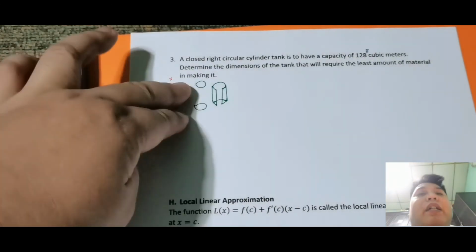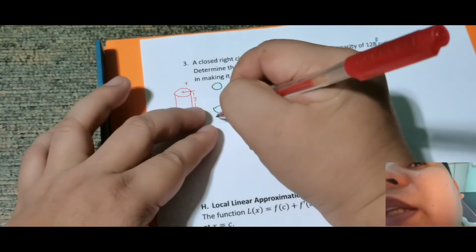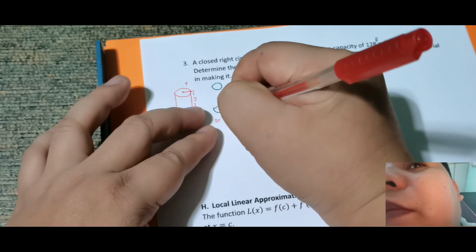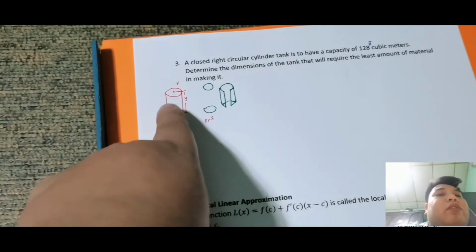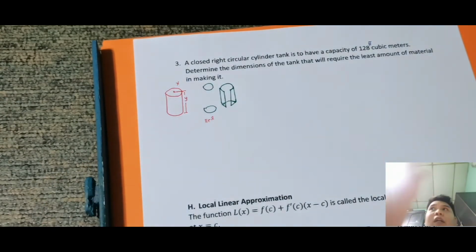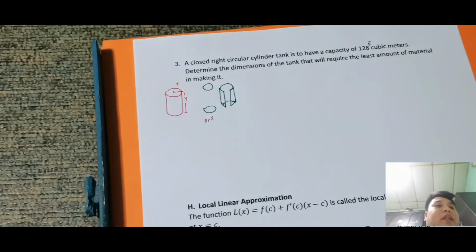So dalawang pi r squared yan. Hindi pa natin alam yung isa. Ang tawag dun sa paligid lang ng ating cylinder is yung lateral area. Pag sinama ko yung dalawang circle, surface area. Pag kinuha ko lang ito mismo, lateral area siya.